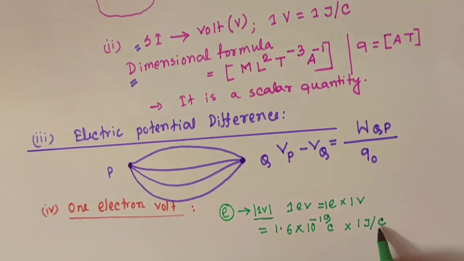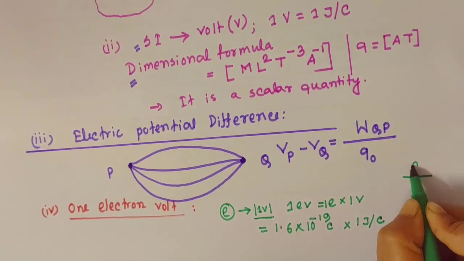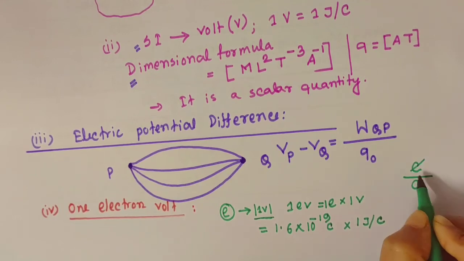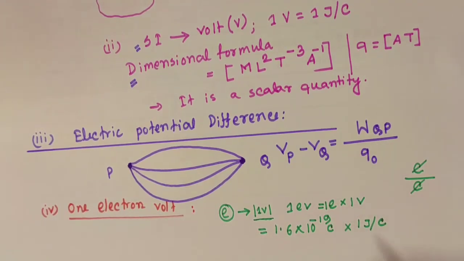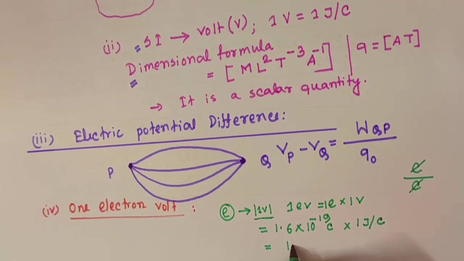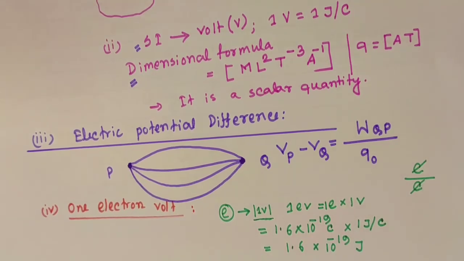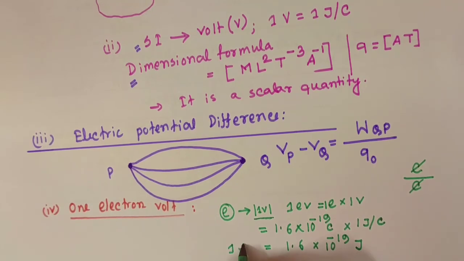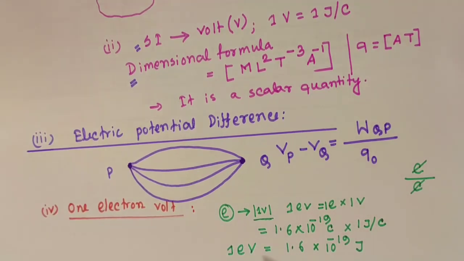So the coulomb cancels out, and we get 1.6 into 10 to the power minus 19 only joule. Clear?